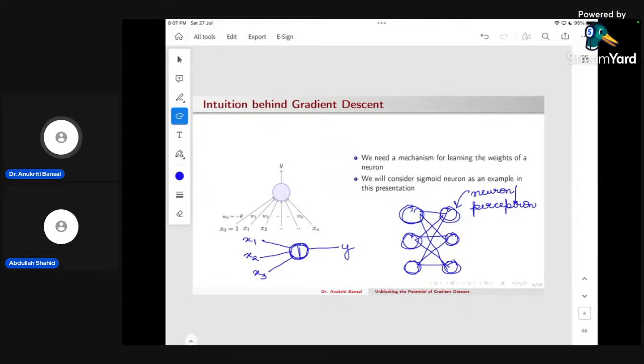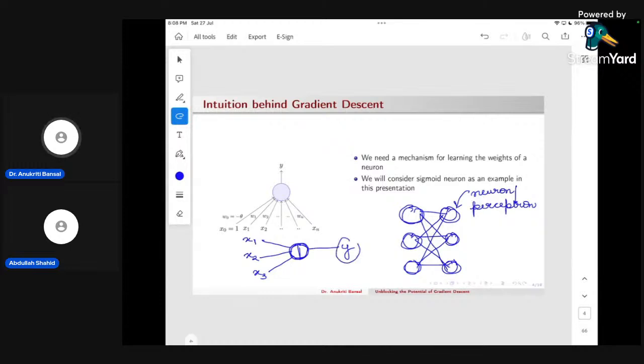What do I mean by x1, x2, x3? Let's take one example. I will use this example in all the topics to discuss the intuition and the mathematics behind gradient descent. Let's take an example of whether I like or dislike a movie.